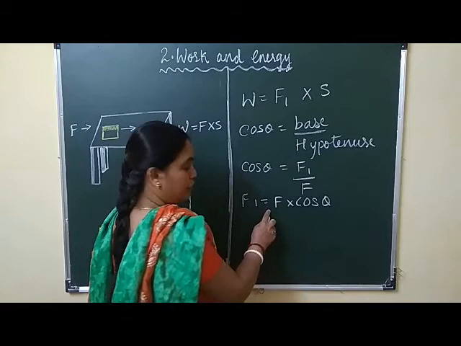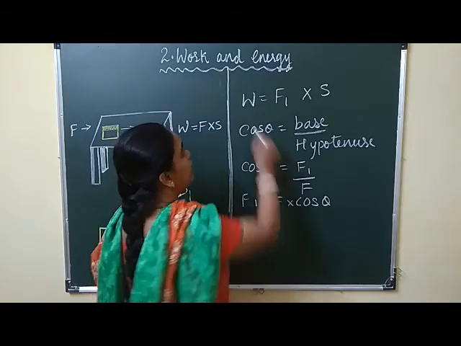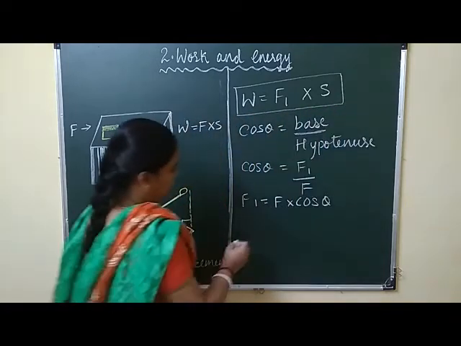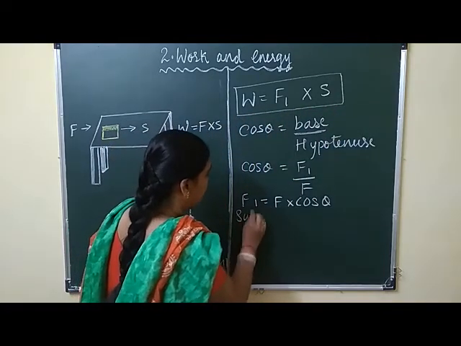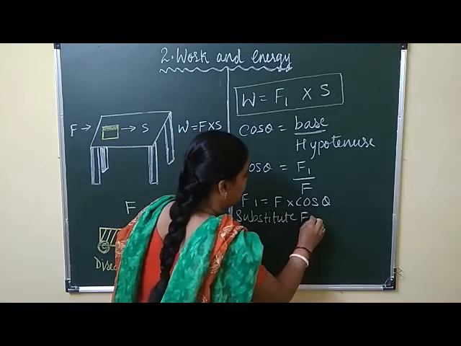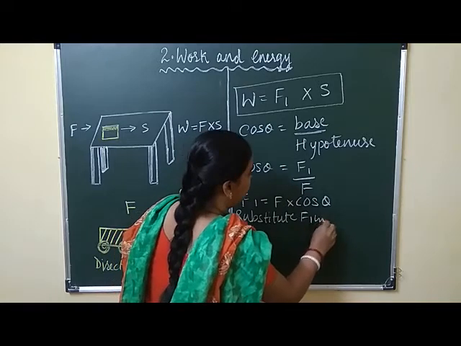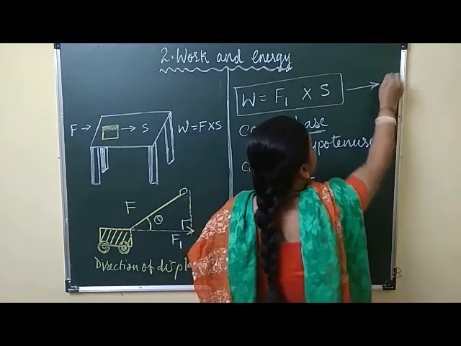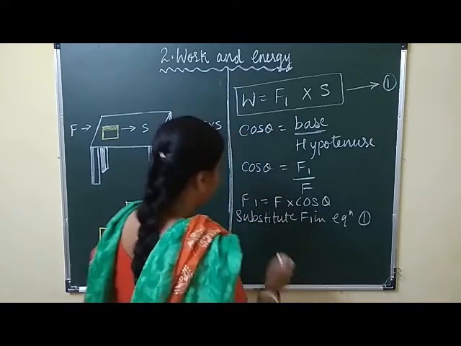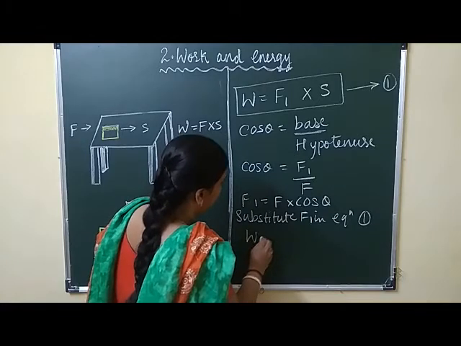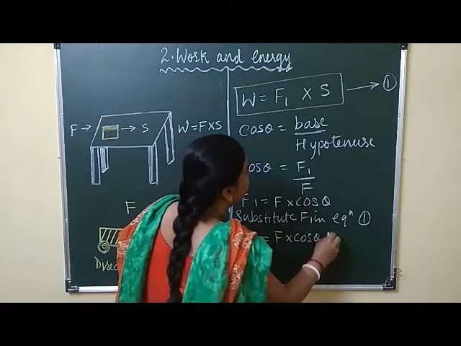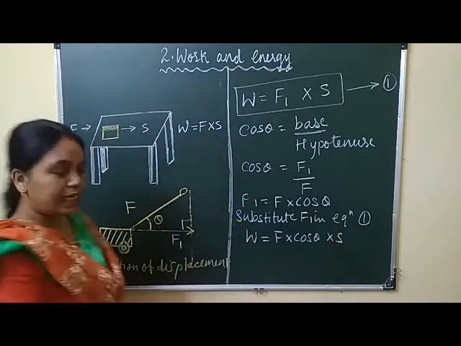Substitute this value of F1 in the actual formula. Substituting F1 in equation 1, we get W is equal to F into cos theta into S. We can rearrange this.